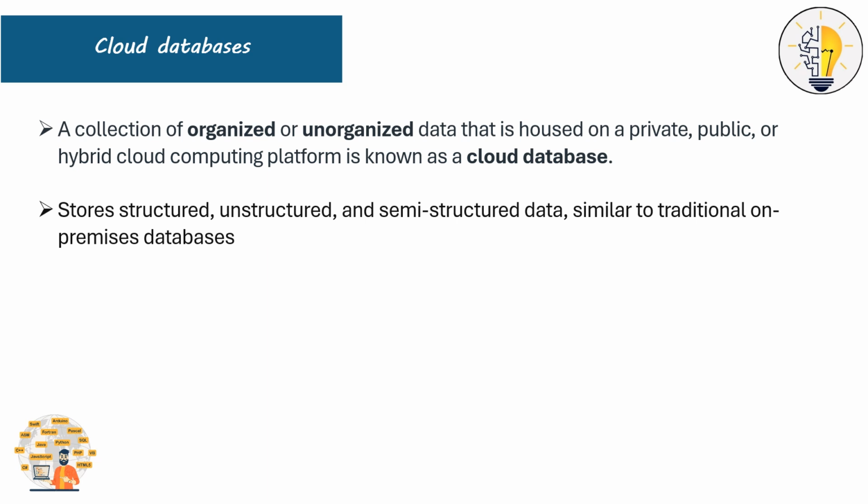It can be a private cloud database, a public one, or a hybrid system. This database is built upon a public or hybrid cloud environment so that it helps organize, store and manage the data within an organization.